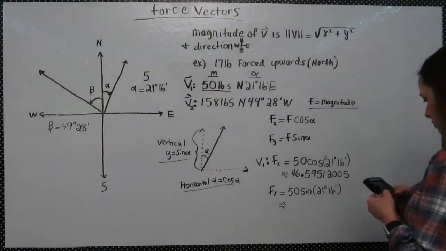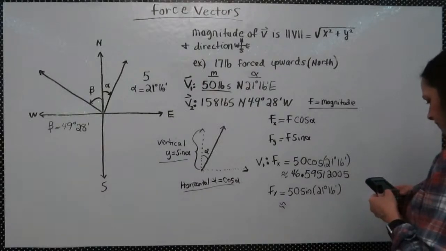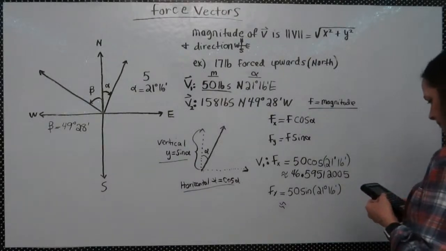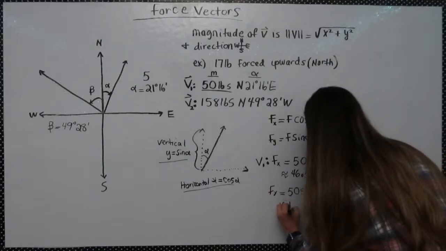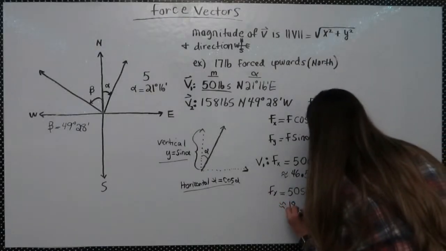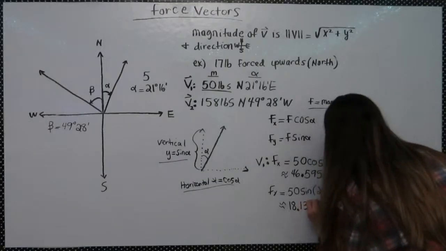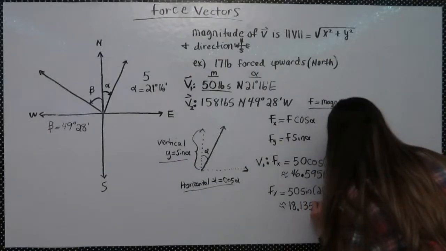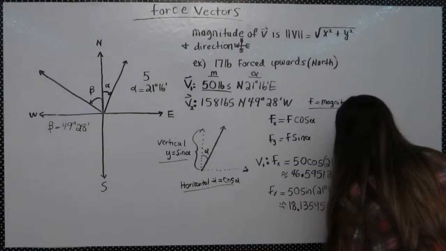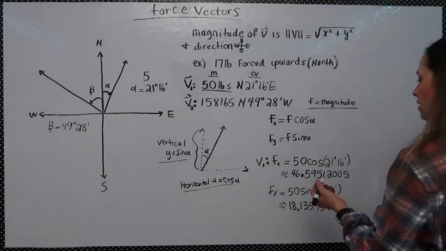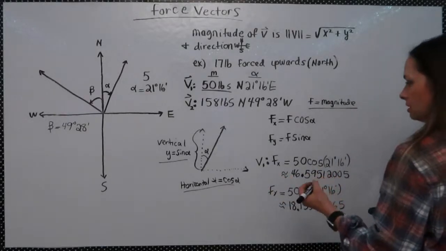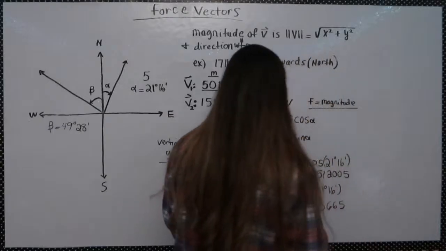We'll do sine now, and sine is 18.1354665. All right, so we got the first one, and now we have to calculate the second one.